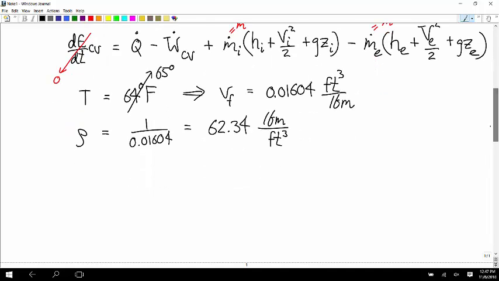And then, so how many cubic feet are there in a gallon?